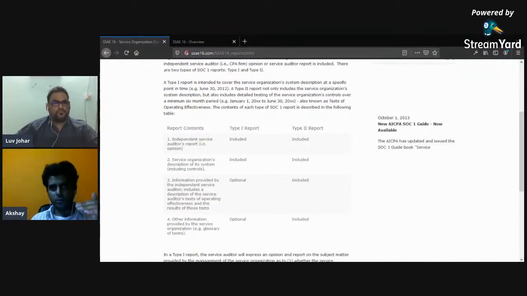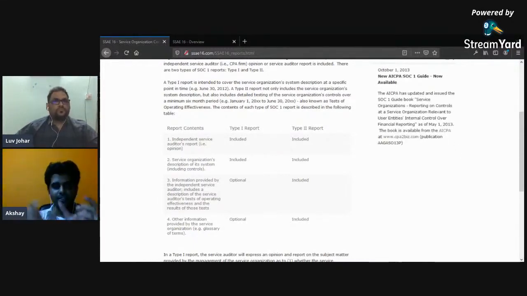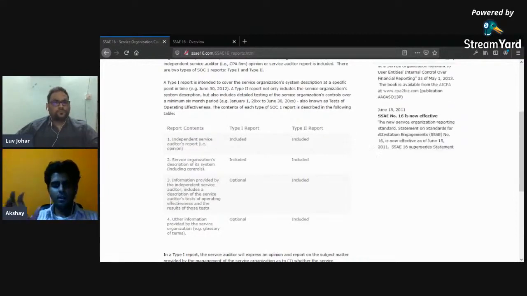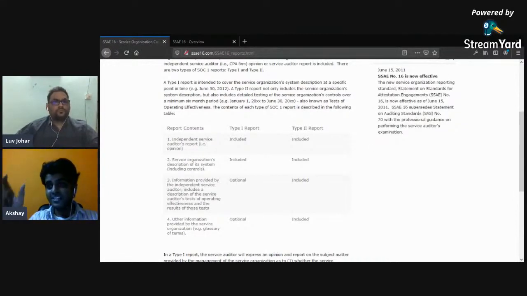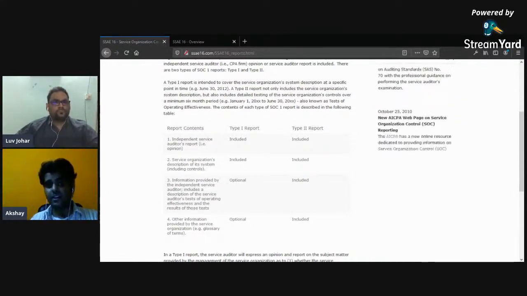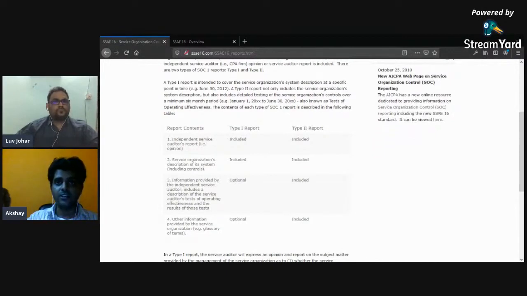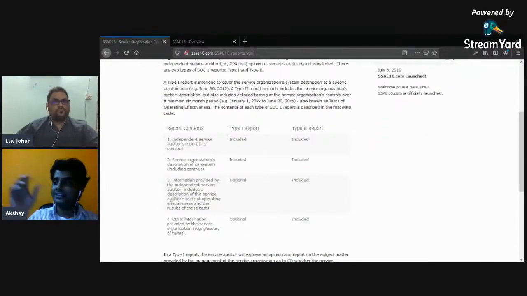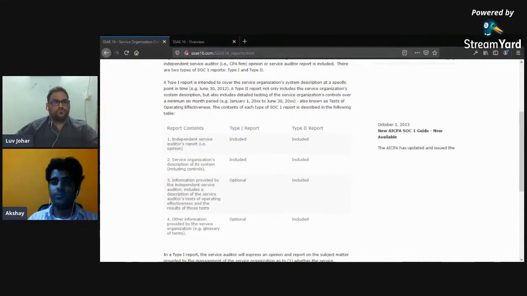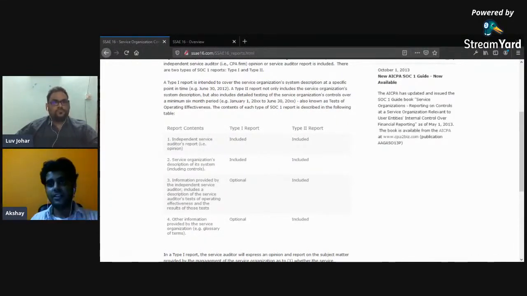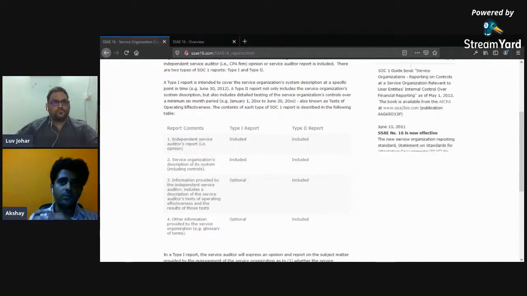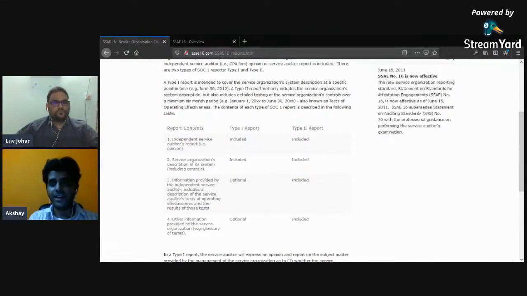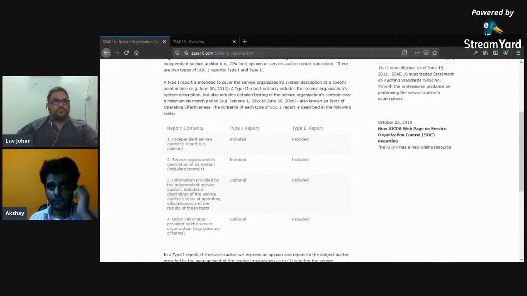For all those categories, what controls are there, then the description of the control. The auditor will then say how he tested it: I checked the documentation, I looked into their change management solution, I sat in the meeting. And then his final observation, whether there was a deviation from the control that was specified when he audited it.